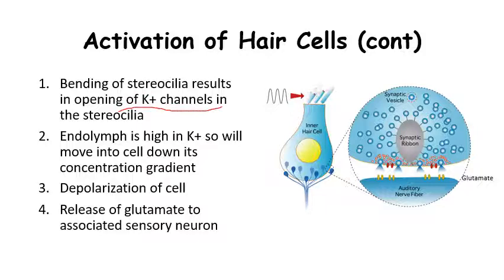Potassium comes in, depolarizes the cell, causing calcium influx, and we get neurotransmitter release to the auditory neuron, and then the auditory neuron signals, bringing the signal up to the brain. So again, these are modified epithelial cells. They're not neurons, but they act like neurons in that they get depolarized and they release neurotransmitter to the sensory neuron to get it stimulated.